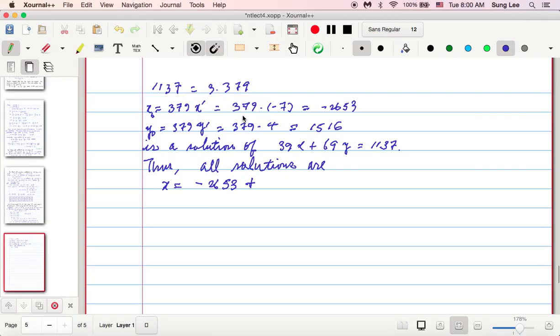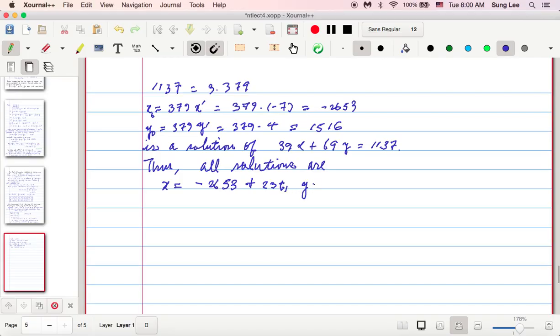So b equals 69, divided by 3, that's the greatest common divisor of 39 and 69. So that's going to be 23. So 23t.